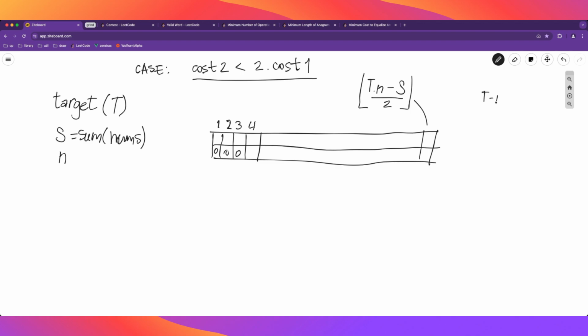So t minus nums of 0 is 3. It means that we need to increase it by 3, right? So let's reserve the first 3 operations for element 0. Then element 1. Let's say we have to increase it by 4. So we save this 4. Then so on, we keep going.